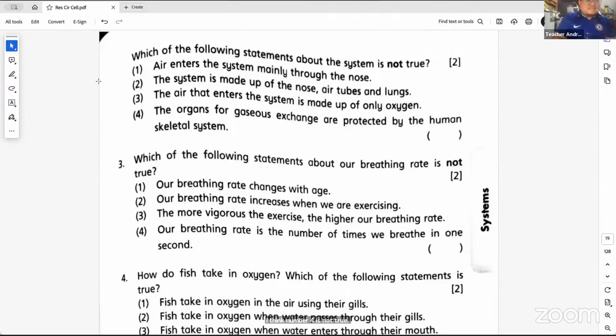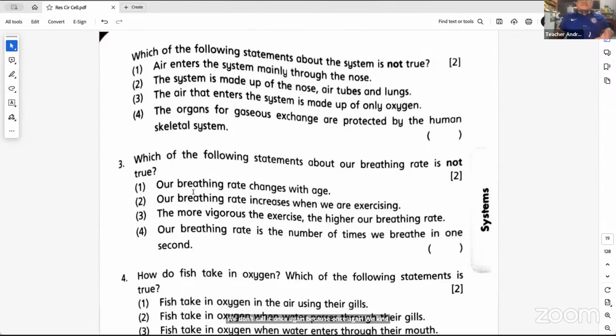All right. Number 4 is not true. Why? Because the breathing rate is the number of times we breathe in 1 minute. Students, remember how we count the breathing rate is based on every minute. We don't count it in 1 second because in 1 second we can't even tell how much we have breathed.